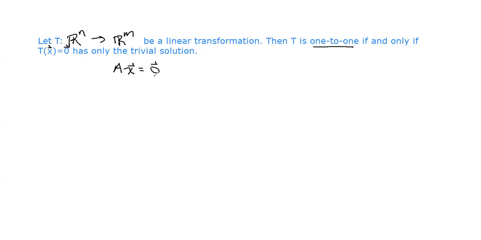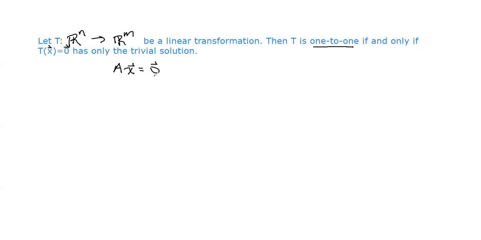Also in section 1.5, we talked about non-homogeneous systems and how the solutions to non-homogeneous systems are just translations of the solutions to the homogeneous ones. So that means that if the homogeneous system only has the trivial solution, then every non-homogeneous system has a unique solution, which is just the definition of one-to-one.